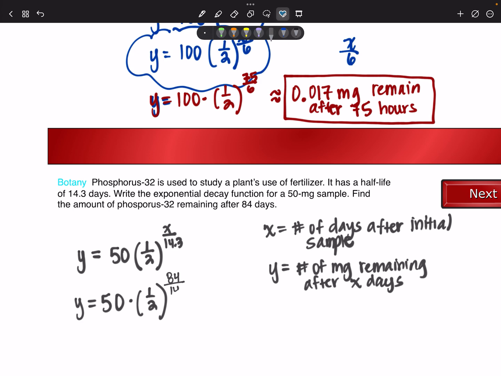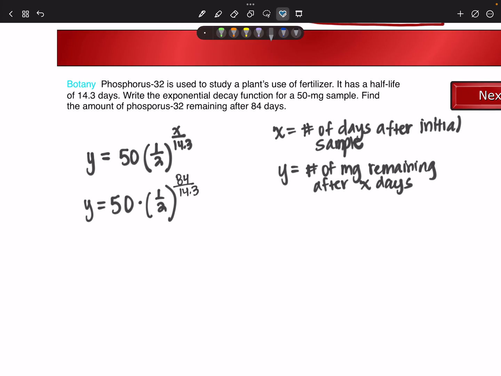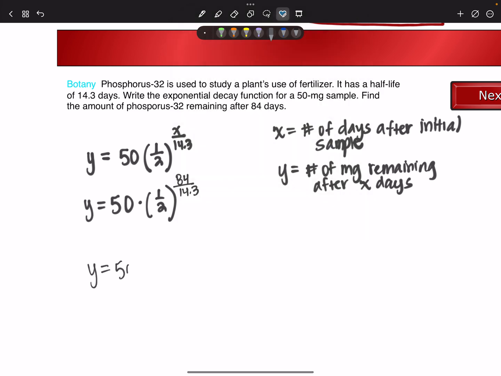Now in our calculator, we're going to enter it like this. Y equals 50 times parentheses 1/2 or 0.5 upper caret, and then parentheses 84 divided by 14.3.